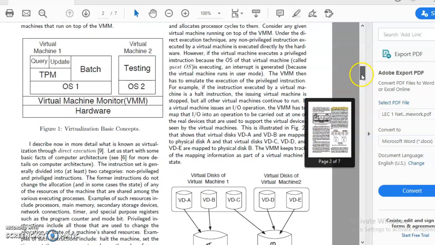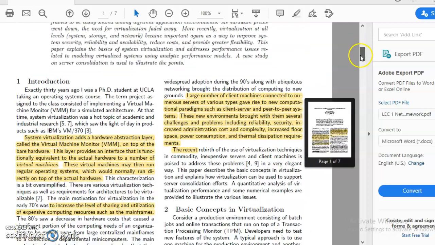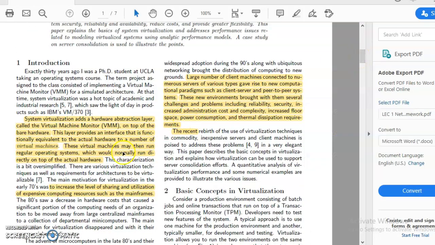So let's see, where is it? This is your system. In this you have the VMM added just above the hardware. This is the first rule for virtualization, that is, we add the virtual machine monitor. Okay, we added it. Now what does this layer do? This layer will handle all the hardware for the virtual machines.